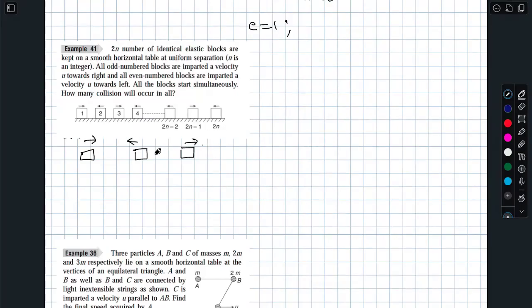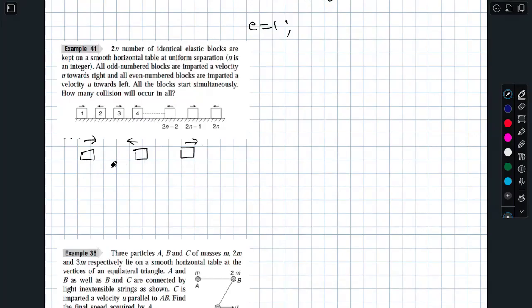For 3 blocks, you will have only one collision, because the outer blocks will not collide. For 3 blocks, how many collisions happen? 1.